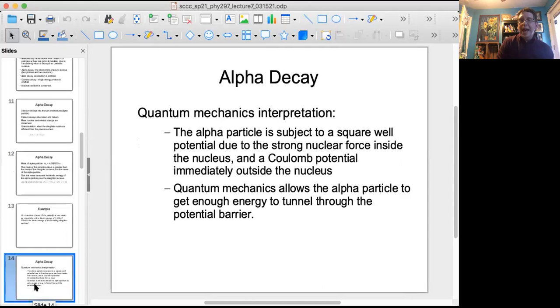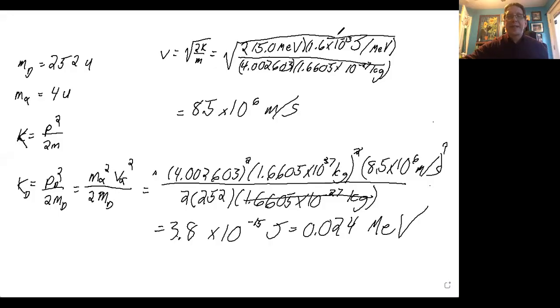So with alpha decay, the alpha particle is subject to a square well potential due to the strong nuclear force inside the nucleus and a Coulomb potential immediately outside the nucleus. So how does that look? You can think of it like this.